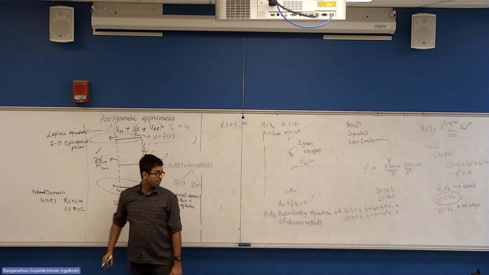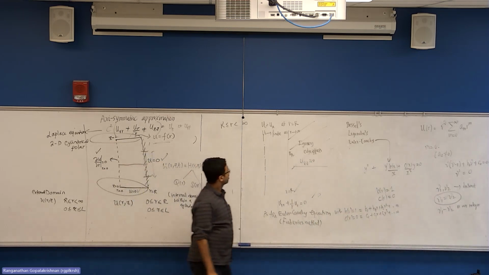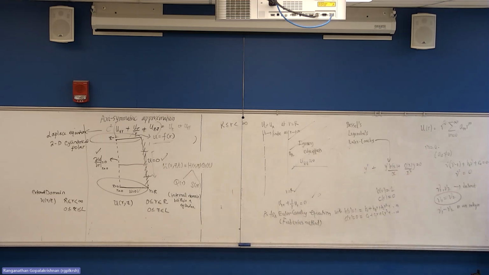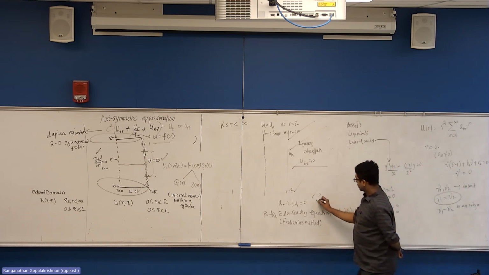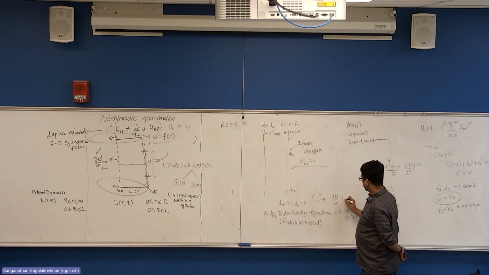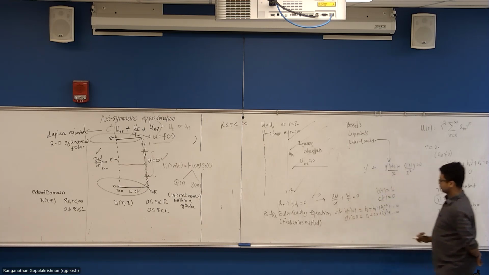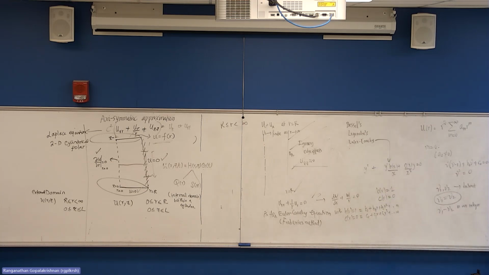Would it be easier if we treat this as a first order ODE? Because we can say u_r is W. Yeah, you can do that. So what will we get there? We get dW over dr plus W over r equal to 0. Okay.